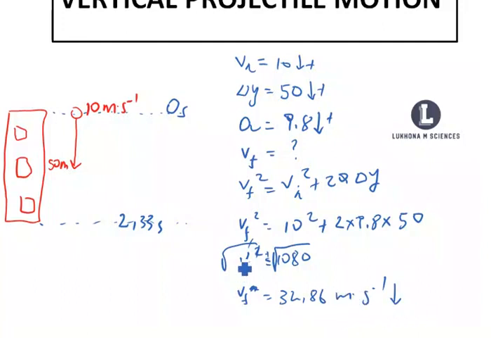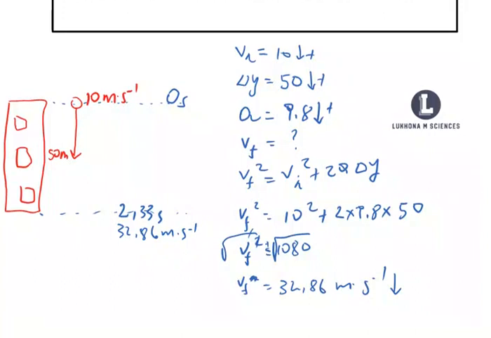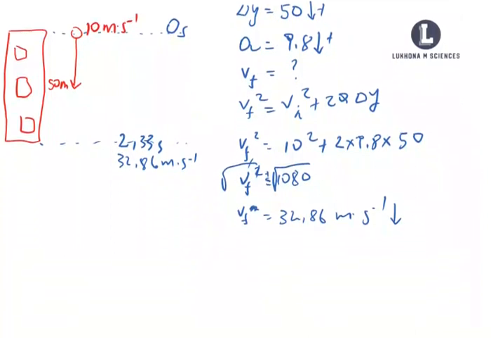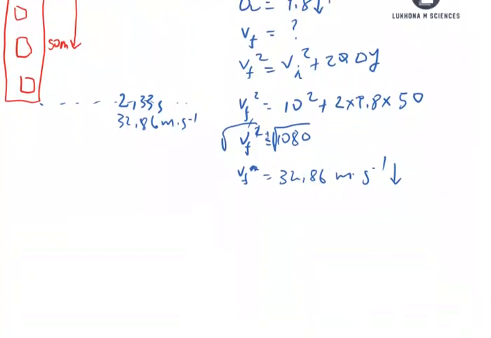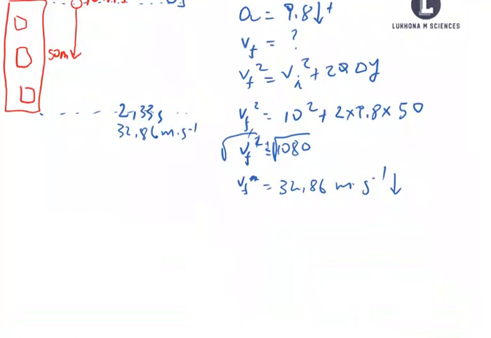Now we have the velocity here, which is 32.86 meters per second, which means you can draw the velocity-time graph. When you draw the velocity-time graph, just have the coordinates to make things easier. But in the position-time graph, there is no need for the coordinates.